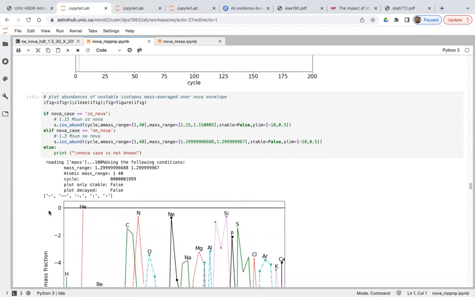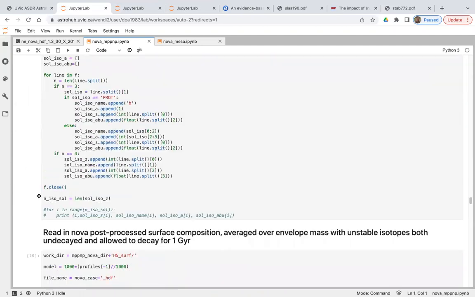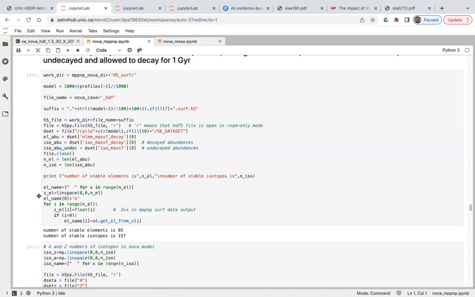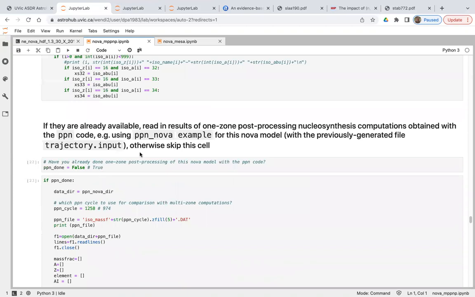And now here we plot mass fractions in the nova envelope, and yeah, so here below you can compare results of nucleosynthesis simulations done with one zone nova and multi-zone.